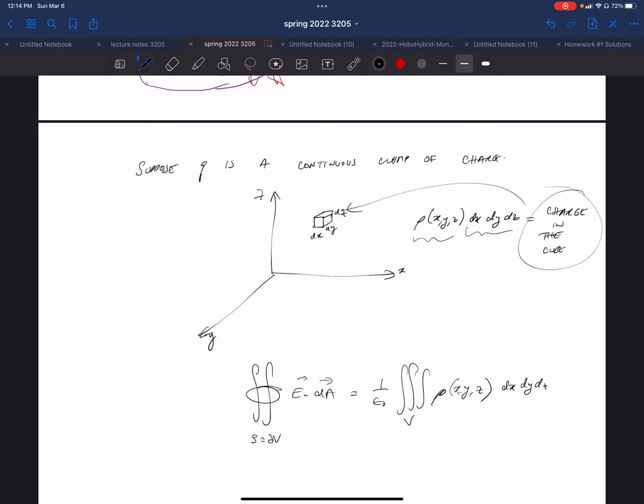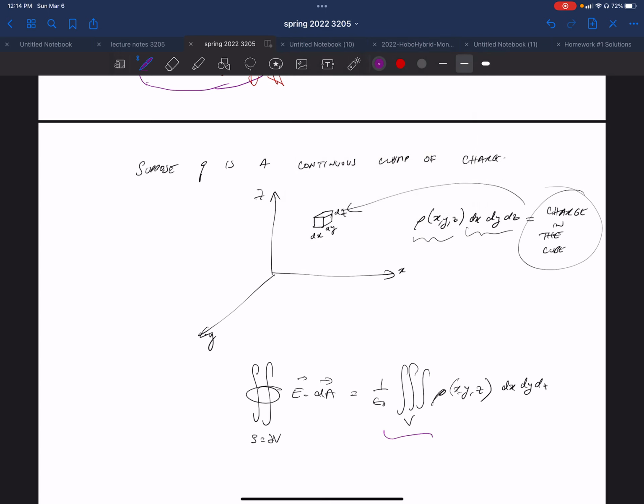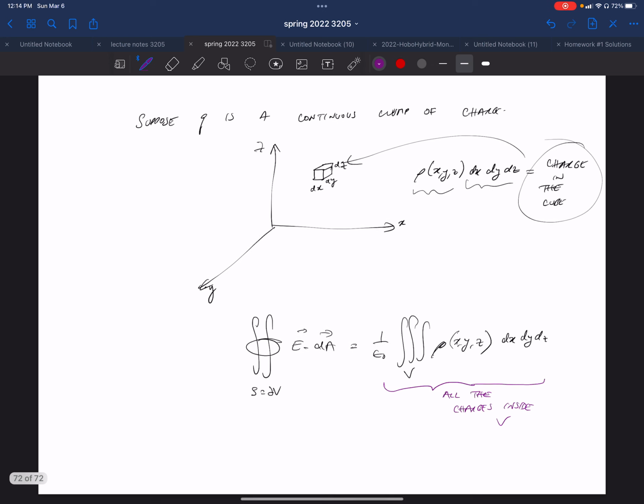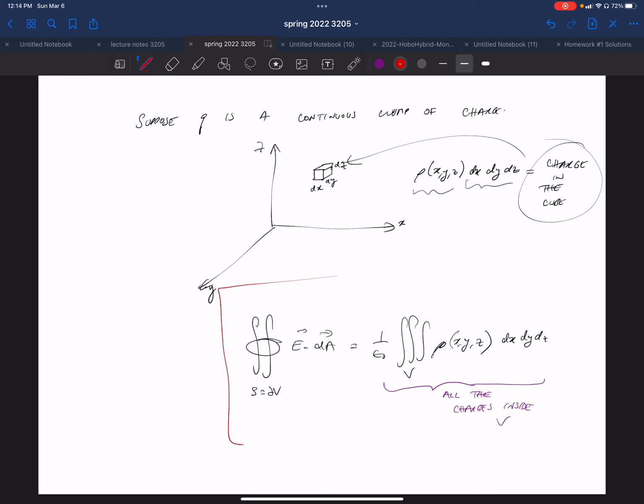And in words, this is basically all the charges inside V. And this is the final form of Gauss's law.